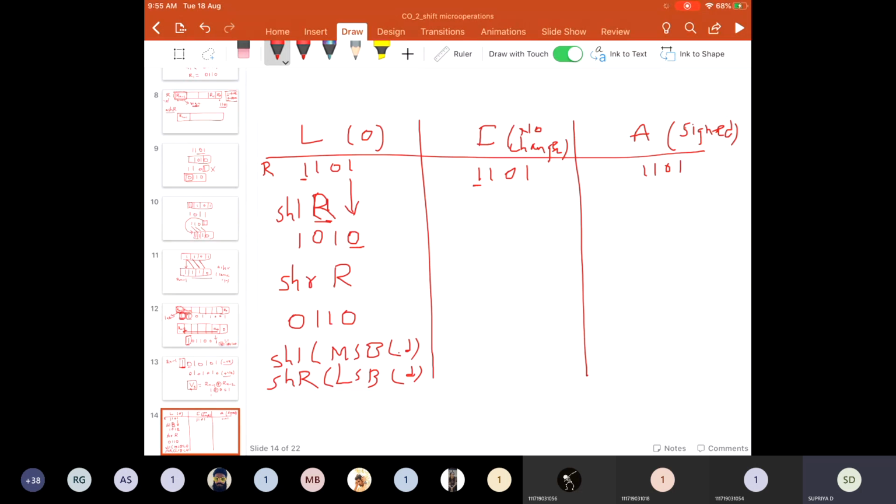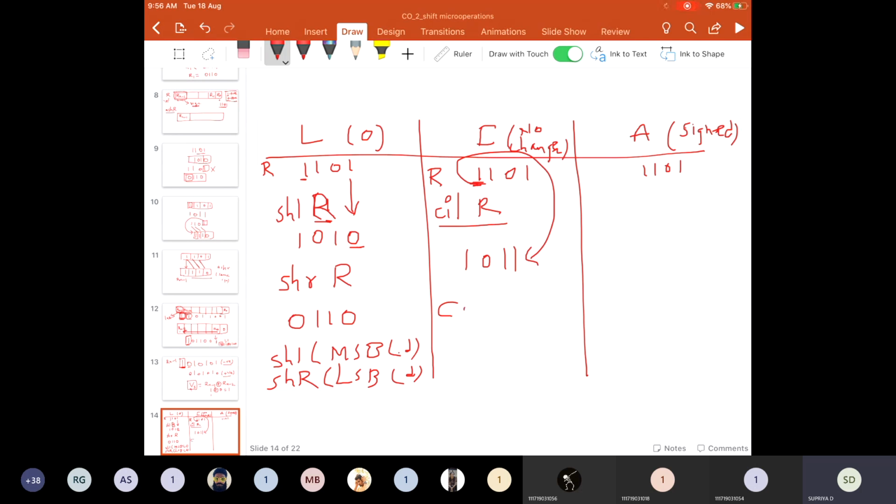Let us consider this is the register R, and we perform circular shift left of register R. You will be moving the data one bit left, 101, and this 1, instead of being discarded, will be inserted here. Now 1011 is the data you get after performing circular shift left on register R.